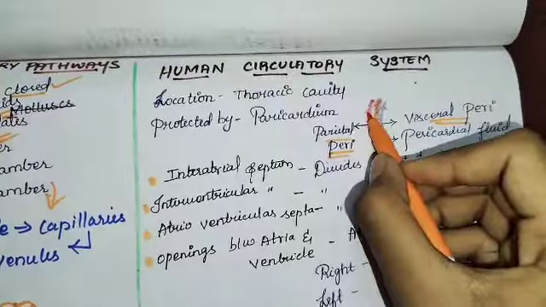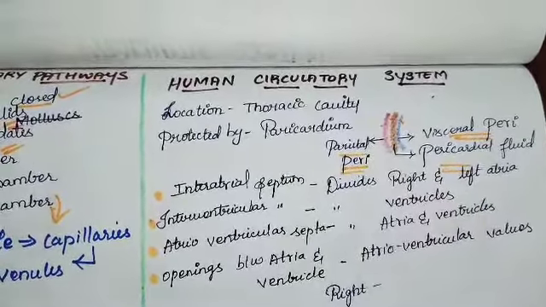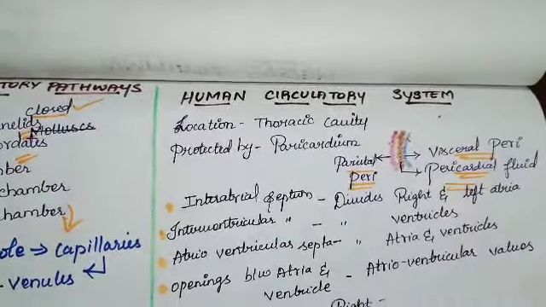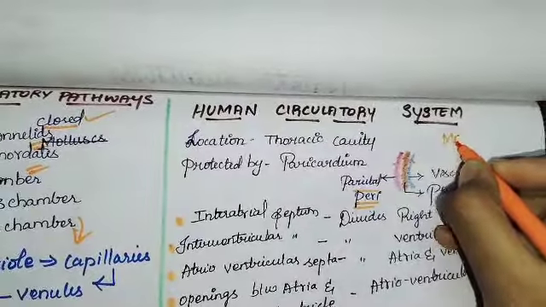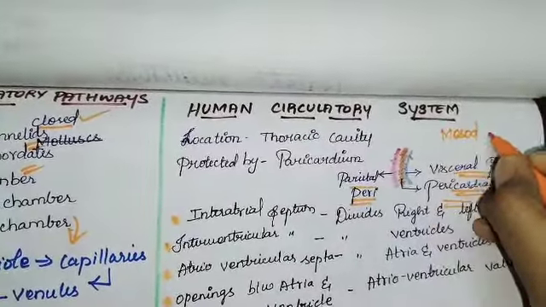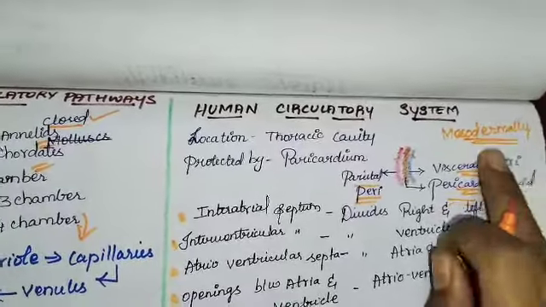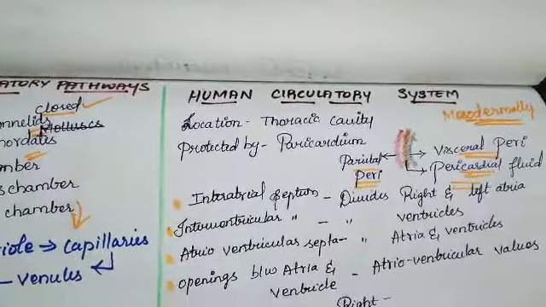Between these two we have something called pericardial fluid. It acts as a shock absorber and protects the heart. The heart is a mesodermally derived organ, which is important.